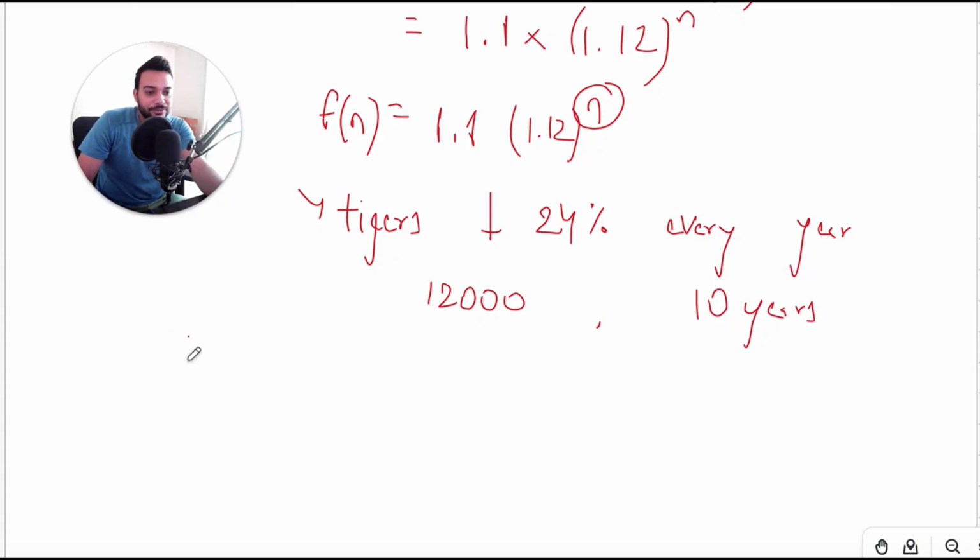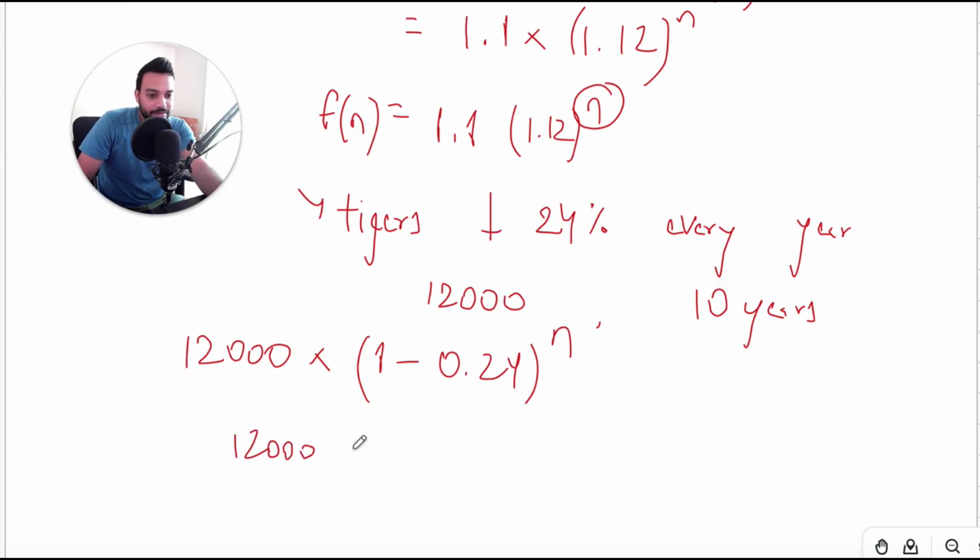Quickly, 12,000 times a 24% decrease: 1 minus 0.24 raised to n. So 12,000 times 0.76 raised to n, with n equal to 10. And there you go. That's how you can quickly write exponential functions. You can write scenarios as exponential functions as decoded scenarios. So this is all about it.